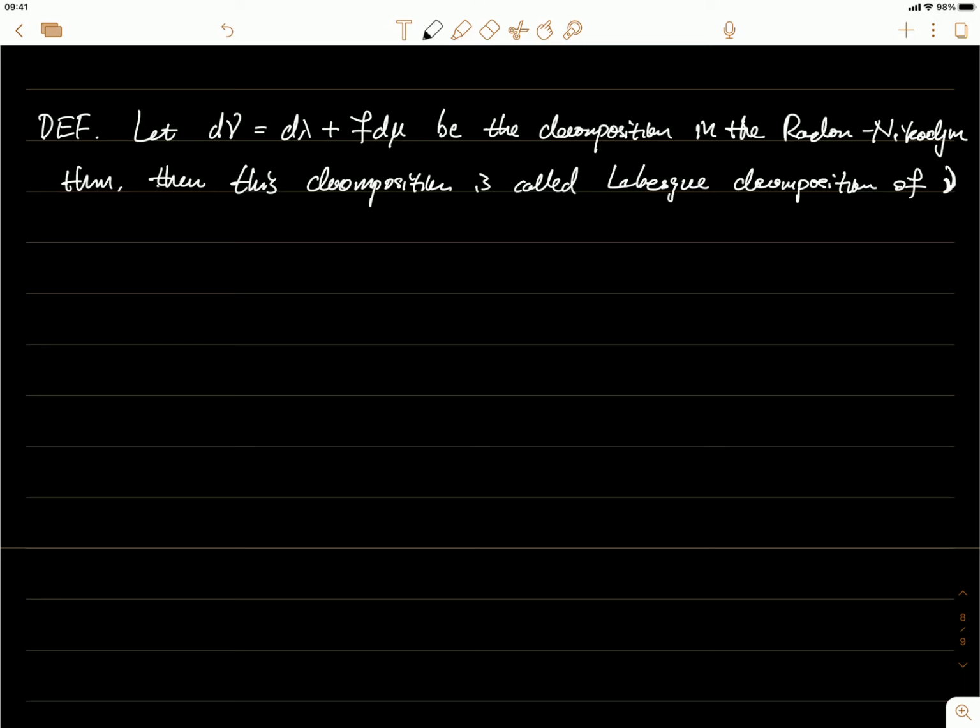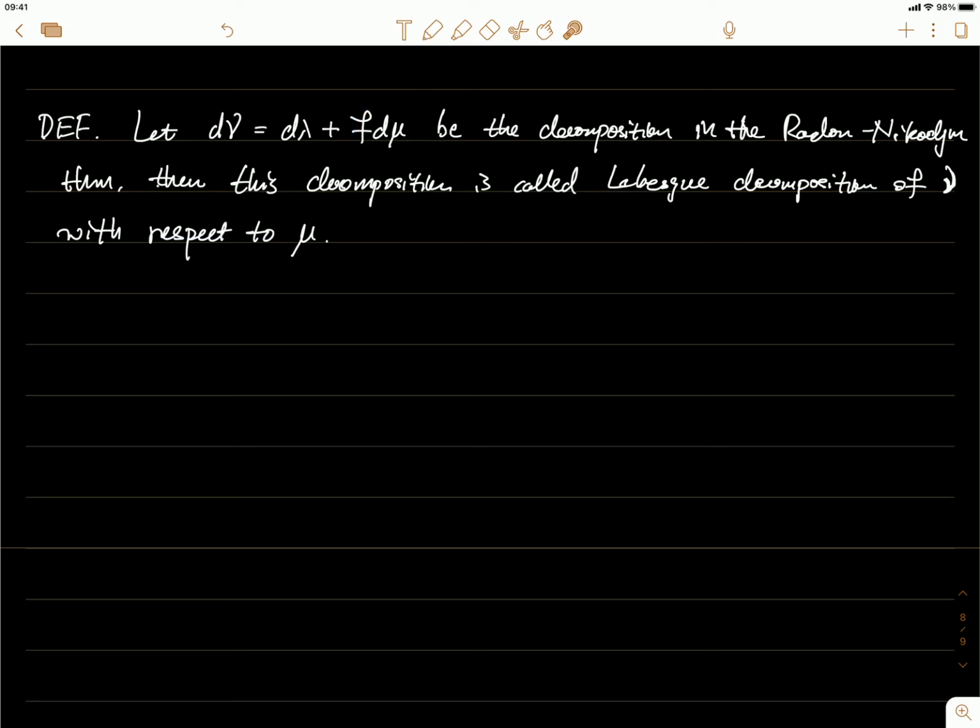So for any given sigma finite signed measure nu and a sigma finite positive measure mu, by the Radon-Nikodym theorem we can decompose nu into this form, where this part is orthogonal to mu, and this part is absolutely continuous with respect to mu.